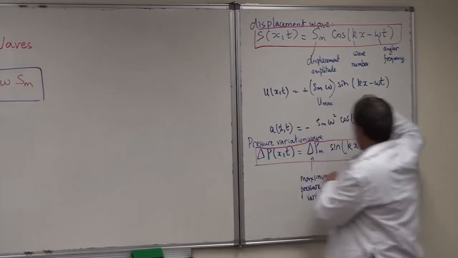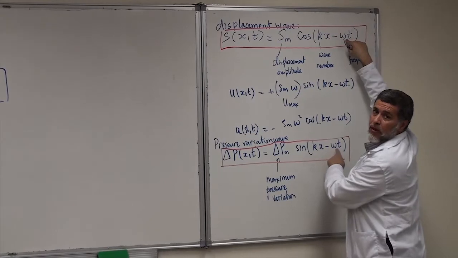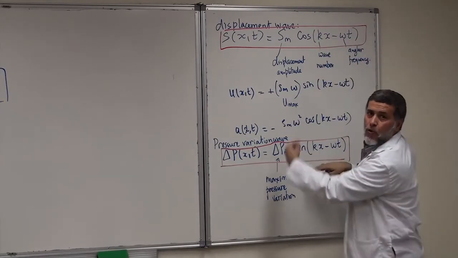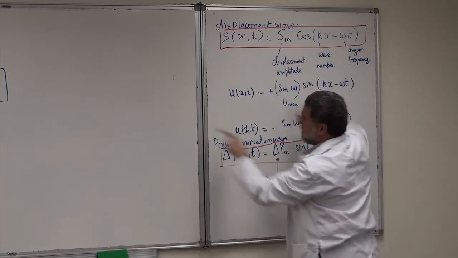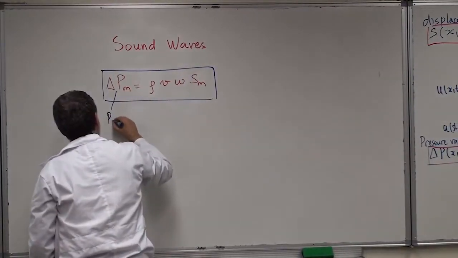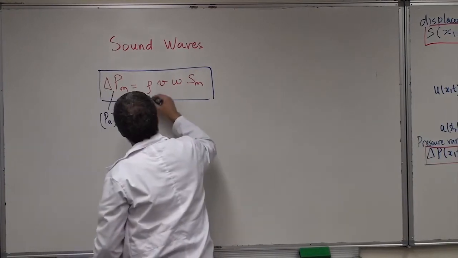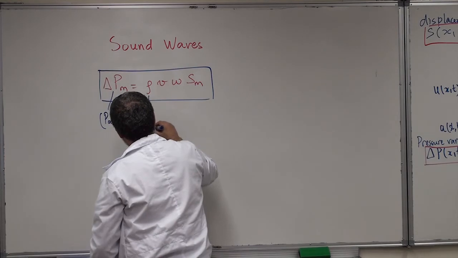Remember that k is the same and omega is the same in both equations. So once you get one equation, you can get the other one by using the same omega and k, and that formula. This is the pressure variation, in Pascal units. This is in kilogram per meter cube, that's the density.